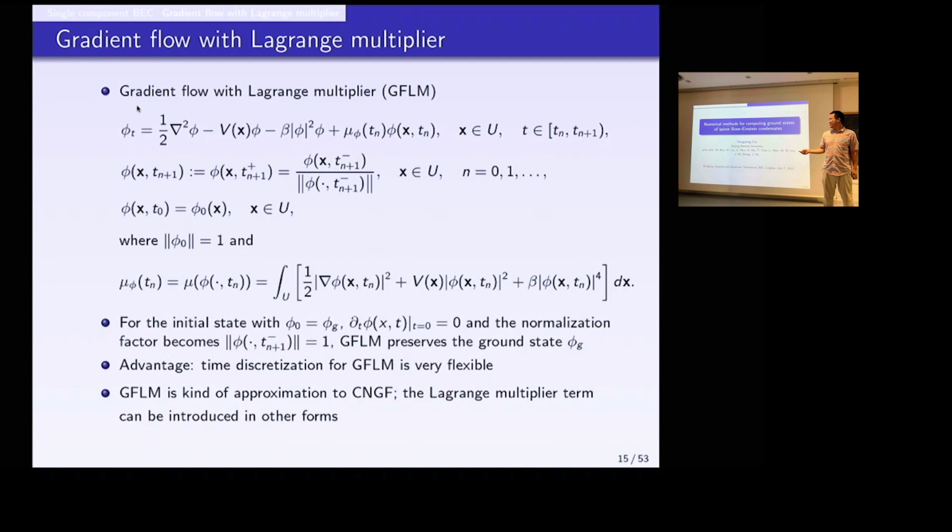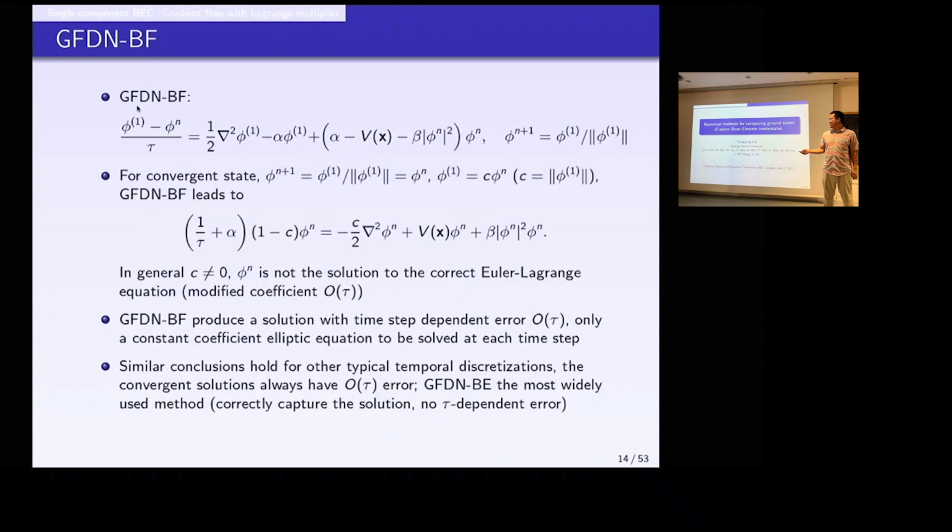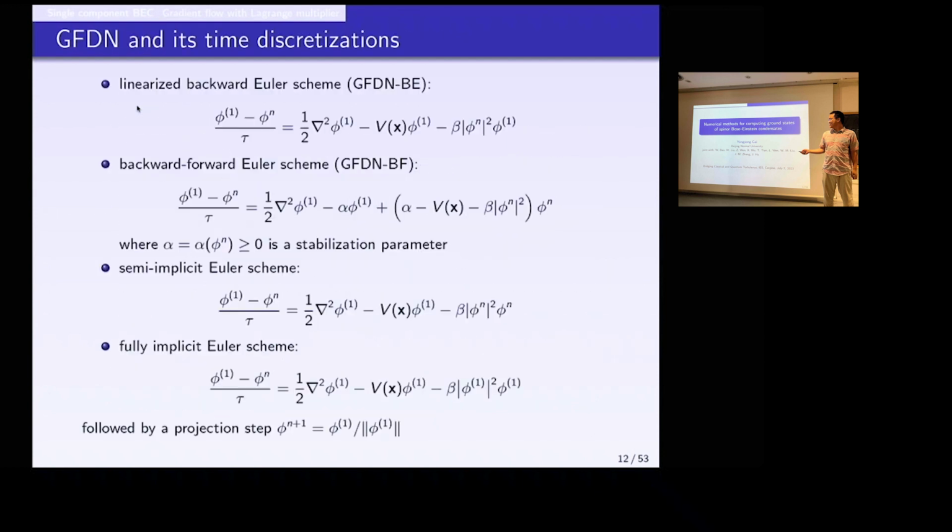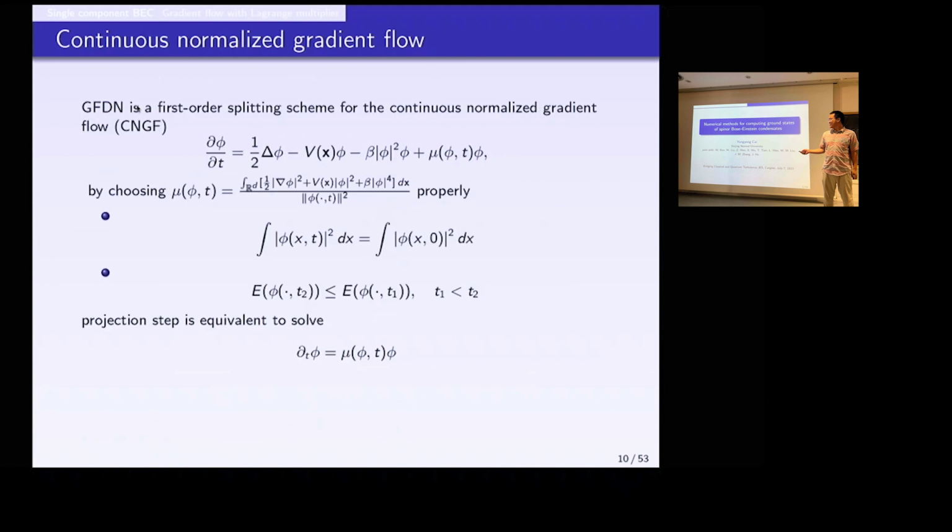This is fixed, because this one is determined from the continuous normalized gradient flow. So this can be computed directly. It's actually nothing but the chemical potential if you have this L2 norm equal to 1.